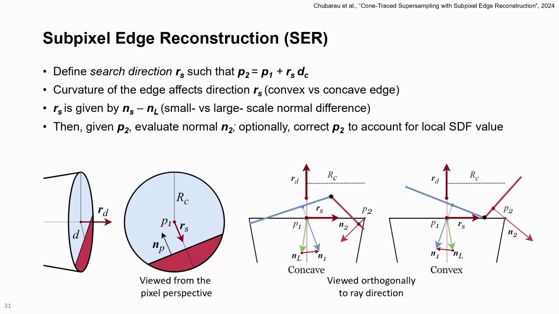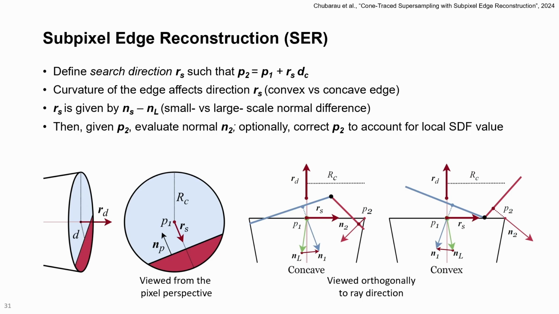First, we define a search direction. CTSS itself will give us the primary sample at the center of the traced cone, but we need to find where the secondary surface will lie within this cross section. It's kind of hard to see, but the circle should be blue, because the red part is the secondary surface and the blue part is the primary surface.